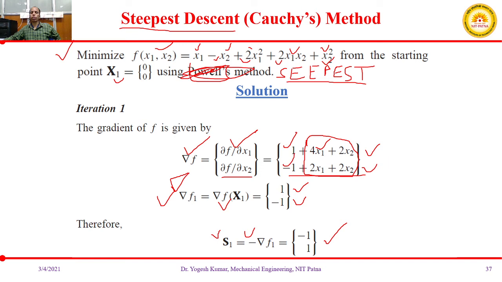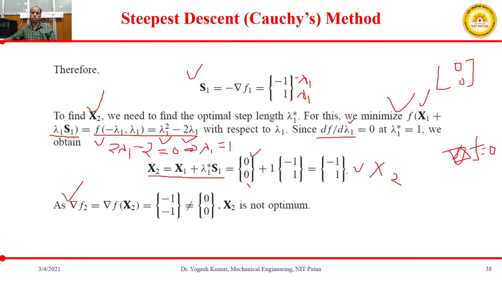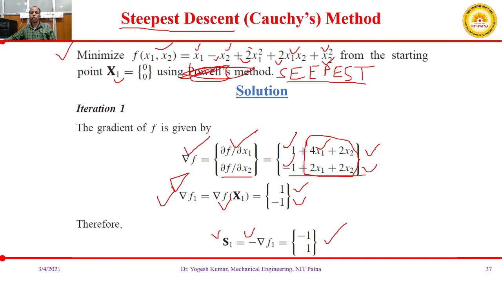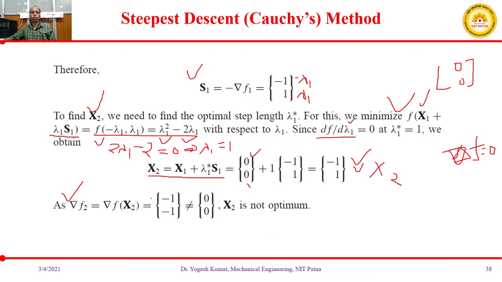The gradient function is 1 plus 4x1 plus 2x2, and minus 1 plus 2x1 plus 2x2. If you put the values of x2 in this gradient function, you will get the gradient of f at x2 as minus 1, minus 1.